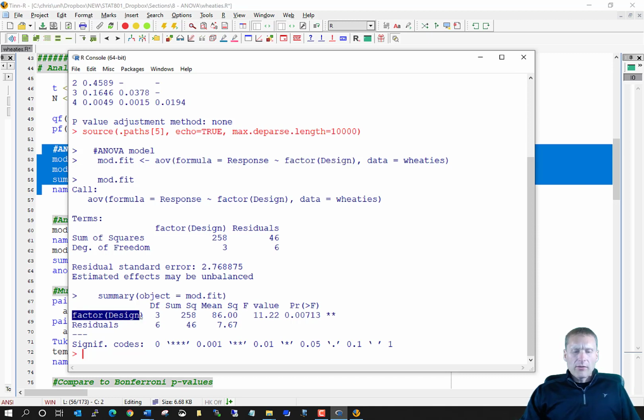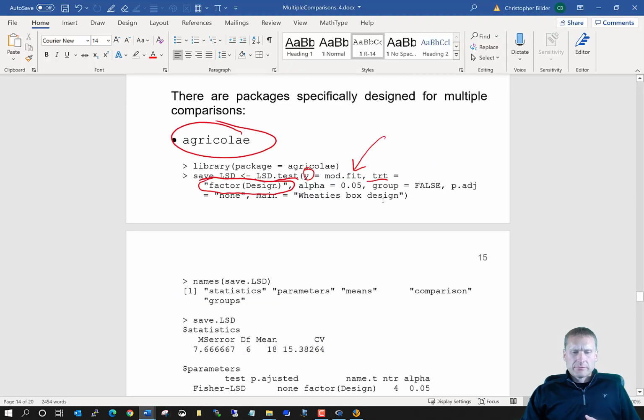Notice how our labels in the output now show factor, parentheses, design, and parentheses as essentially our way to note our factor levels, our treatment. Because of that, I need to use that exact same name for the TRT treatment argument of the lsd.test function. That's why. Then I set my alpha level.